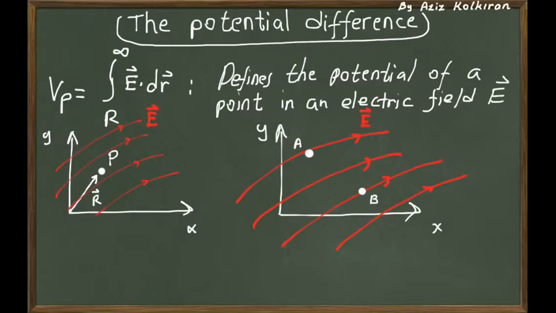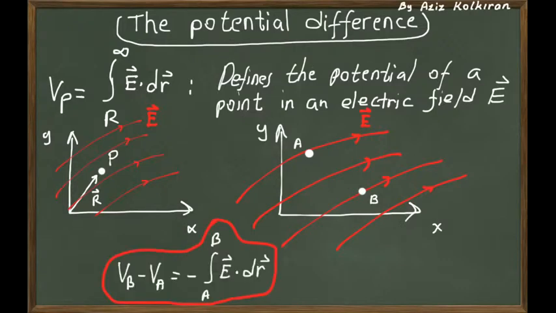And now, since you know the potential of a unique point, you can easily calculate the potential difference between two points which are located in a region of space which has a non-zero electric field. And this is given by this expression. Now, don't worry about the infinities. Because initially we were defining the potential of a point with respect to a point which is at infinity. But the potential difference does not require any point at infinity.